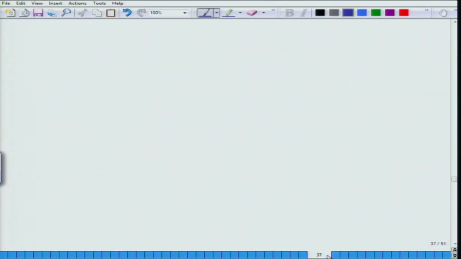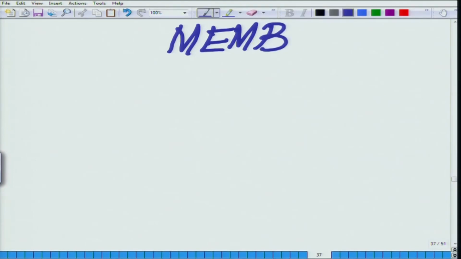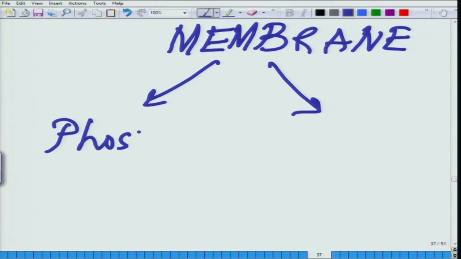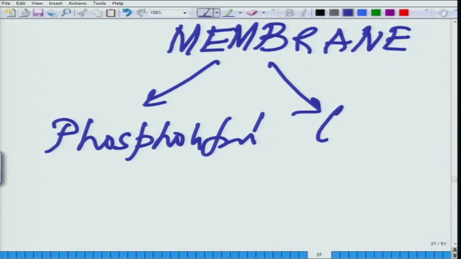The reason lies in what I told you: the membranes are formed from two major lipids, which are phospholipids and glycolipids.